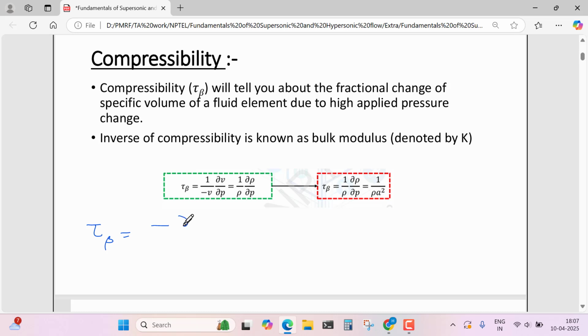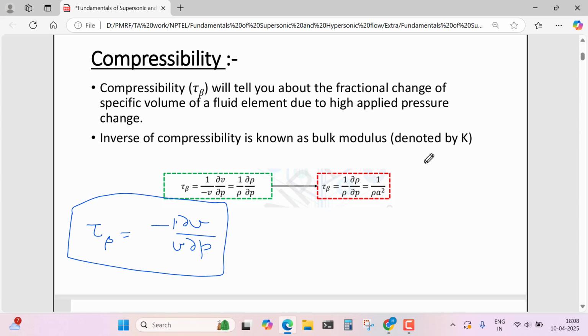Fractional change in volume of a fluid element due to the applied pressure change. The minus sign is there because if we apply pressure, volume will decrease. That's why it is minus 1 by V dou V by dou P. This is the formula for compressibility.